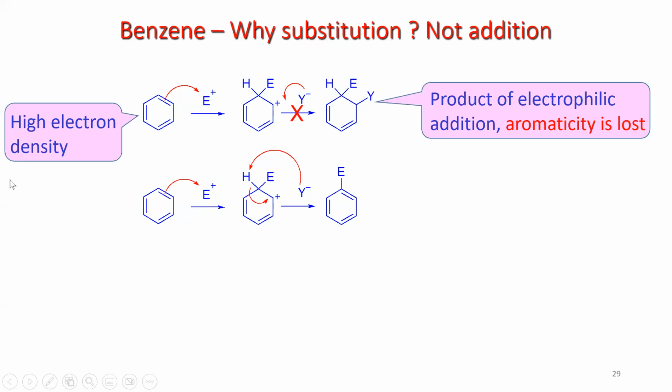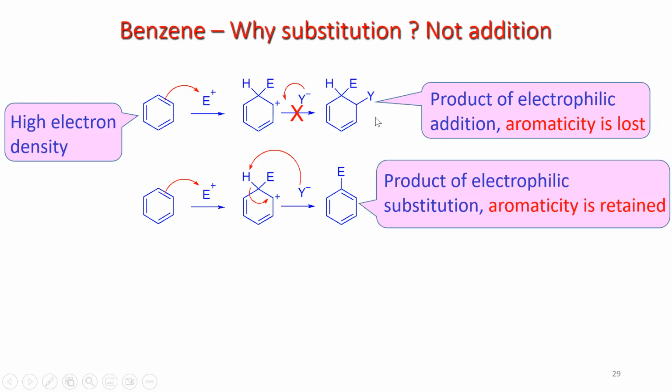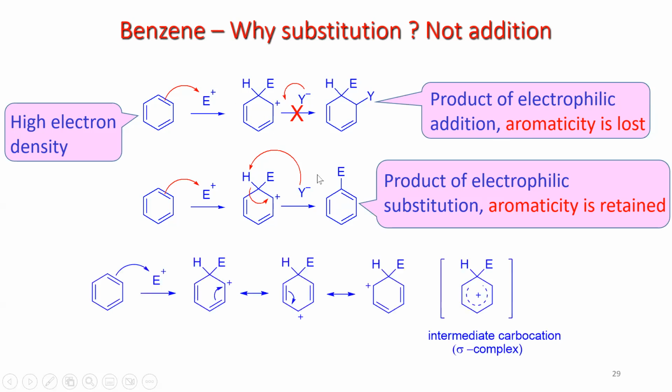So this one, as I have explained, is the product of electrophilic addition, aromaticity is lost, no aromaticity here. So this won't take place. Now this product, after electrophilic substitution, again retains aromaticity, right? So benzene is undergoing substitution, but not addition reaction. So you can write the intermediate resonance structures like this.